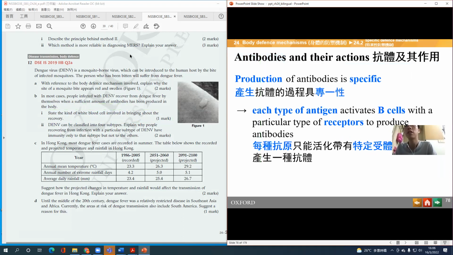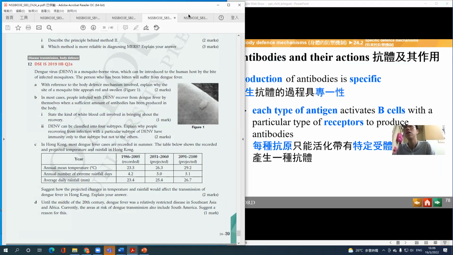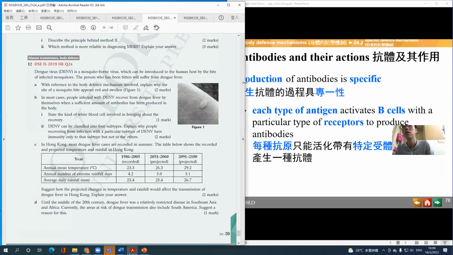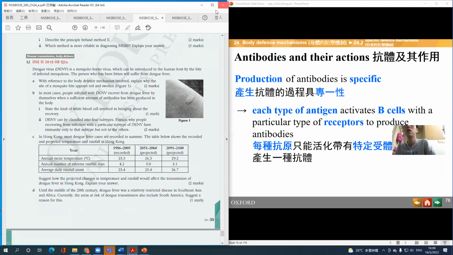So the next part, part 2. The next part talks about, okay, there are 4 types of dengue virus.